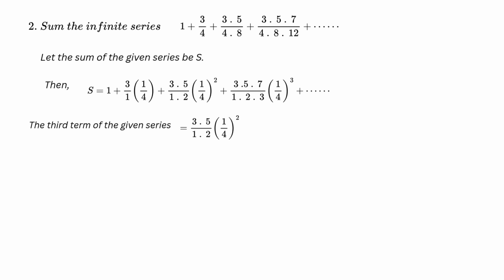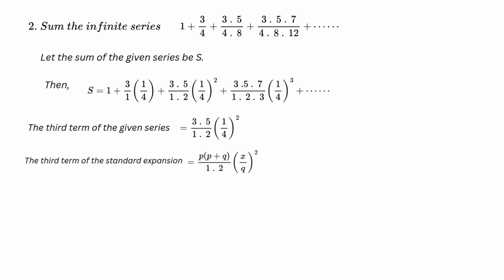The third term of the given series is 3 into 5 by 1 into 2 into 1 by 4 whole square. The third term of the standard expansion is p into p plus q by 1 into 2 into h by q whole square. Comparing the corresponding terms, we get p is equal to 3, p plus q is equal to 5, h by q is equal to 1 by 4.